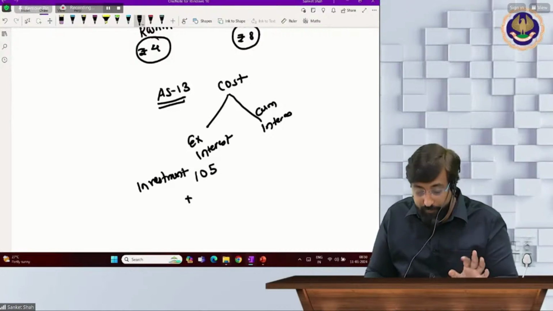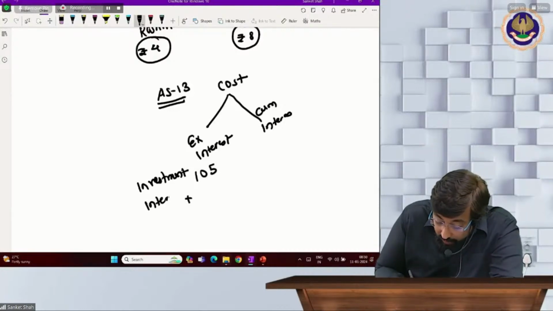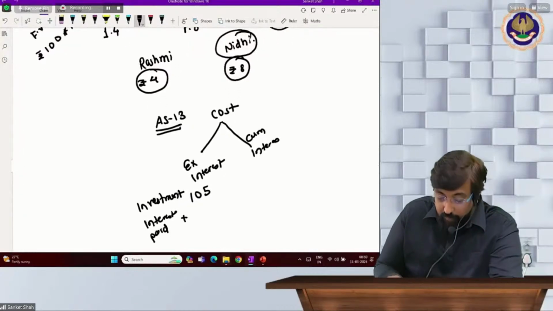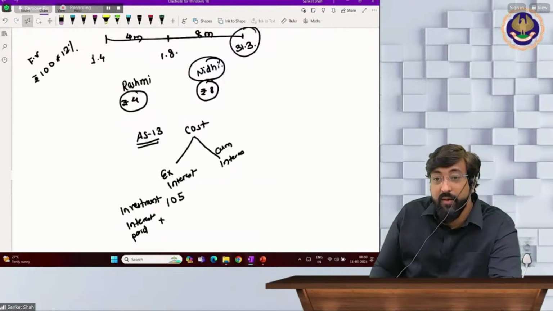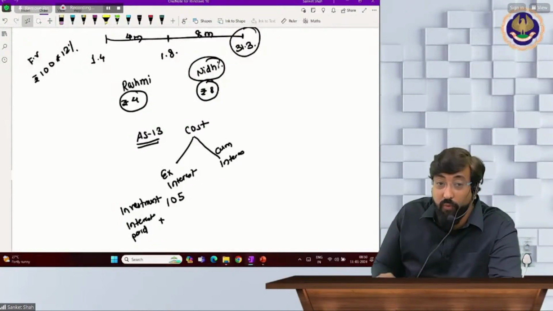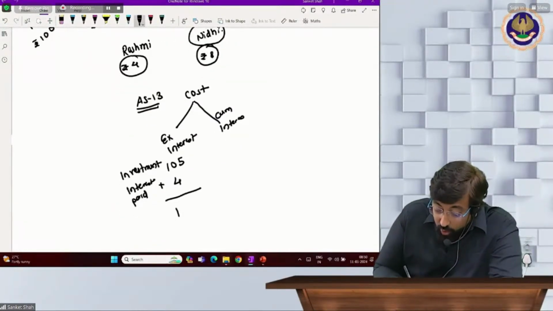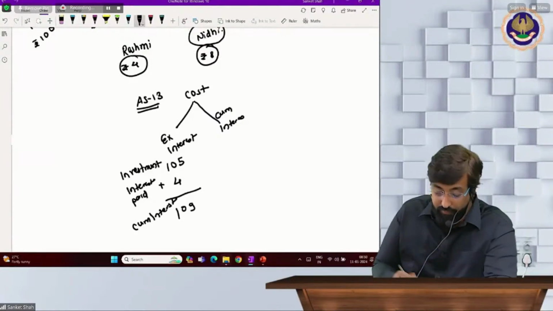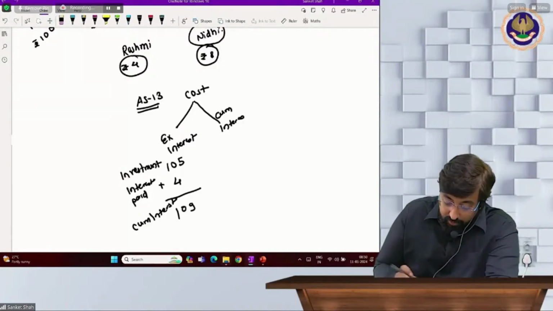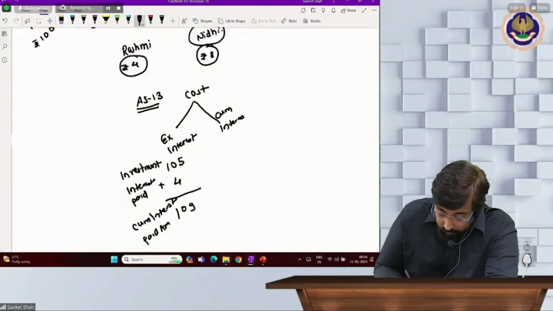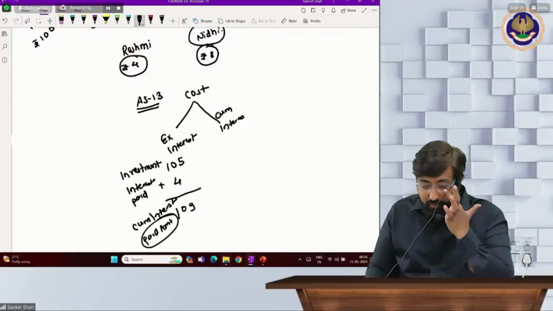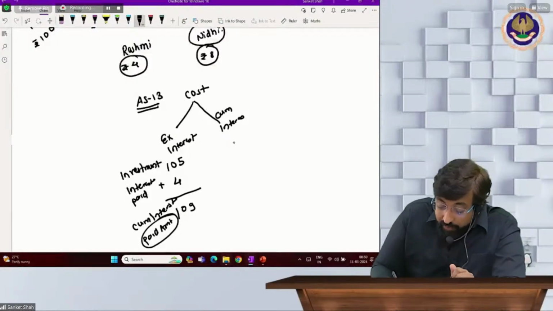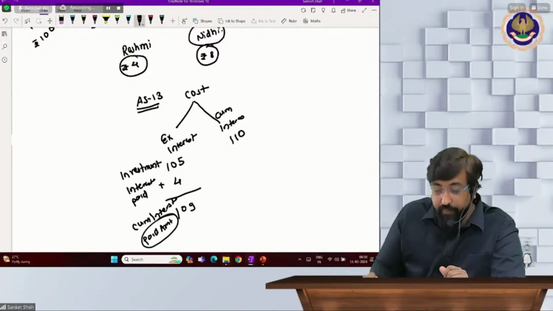Got the concept? Yes. And your interest amount. What is interest you paid to Rashmi? Interest. 4 rupees. Very good. So what is your total price that you are paying to Rashmi? 109. That is paid amount. It is called as paid amount. So in question, it is given ex interest or cum interest. Assume cum interest price is 110.